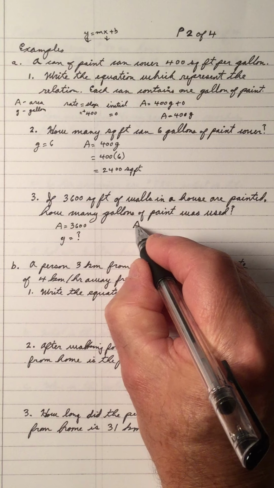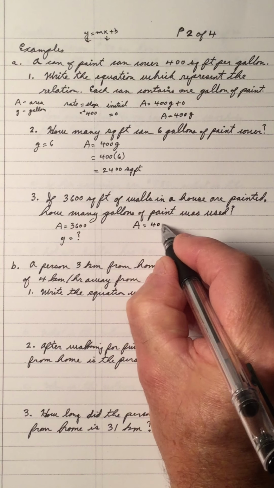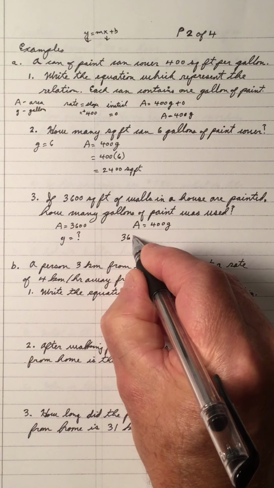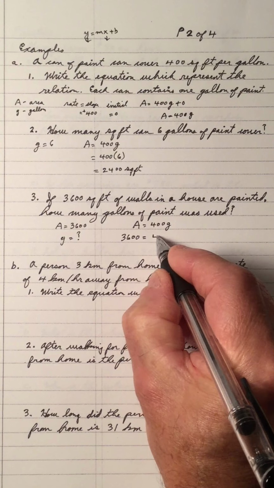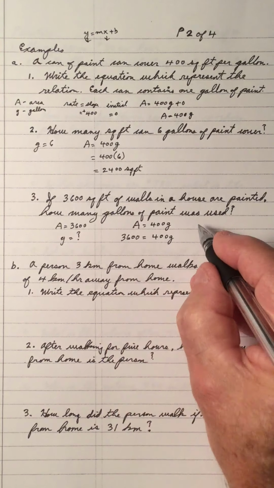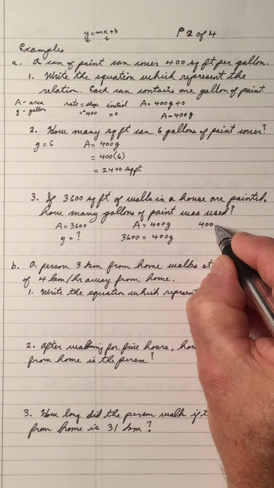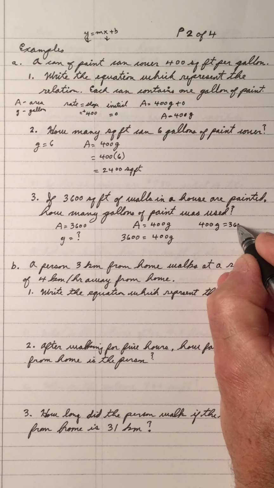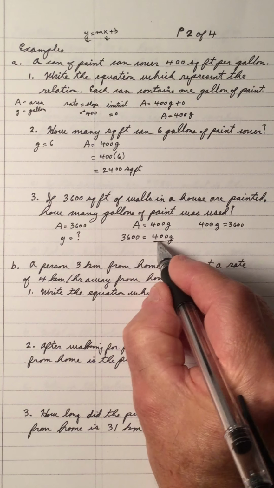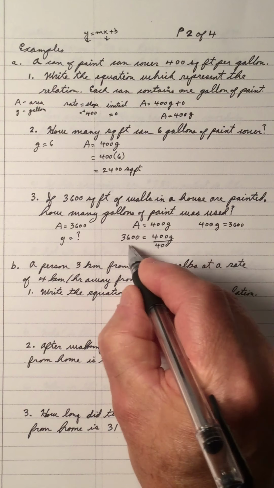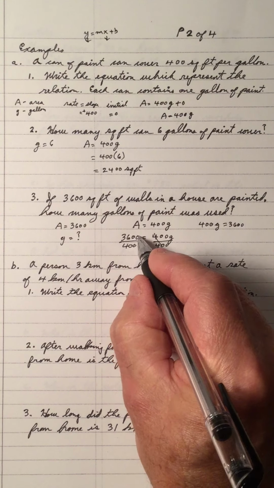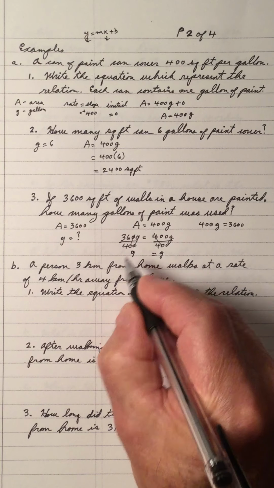So the formula is A equals 400G, and the 3,600 fits underneath the A, and we're trying to solve the equation for G. We can let the equation stay like that, or we can reverse it and go 400G equals 3,600, either or. But if you leave it like this, with the variable there, you can divide each side by 400. So G is, zeros cancel, you get 9.